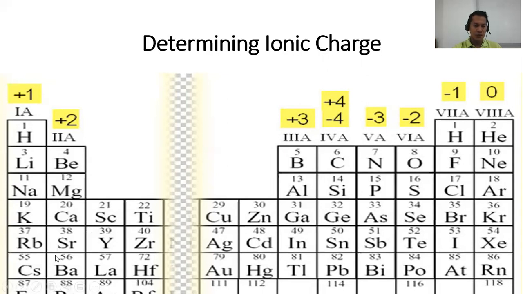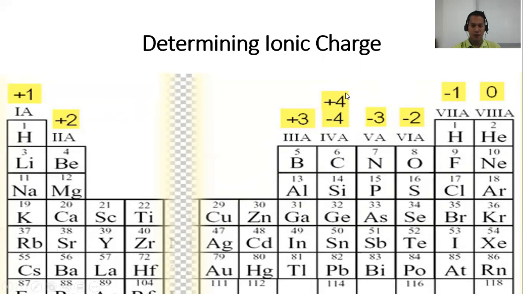Group 2 has 2 valence electrons in the outer shell, and this will give off 2 electrons. What's left is 2 positive. The rest goes on and on. Group 3 has 3 electrons in the valence shell. It will give off 3 electrons, and what's left is 3 positive.